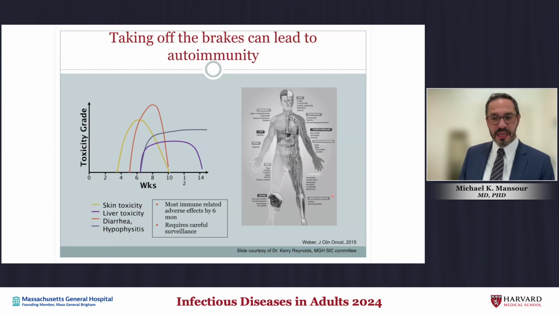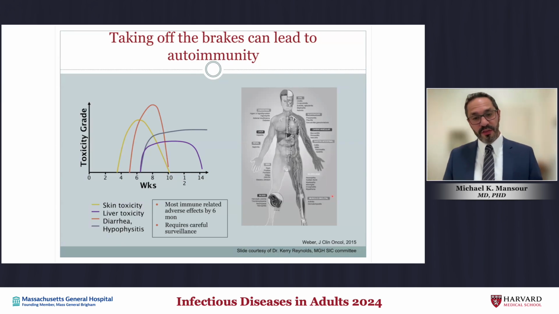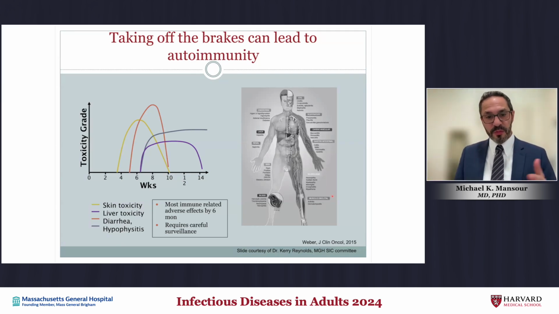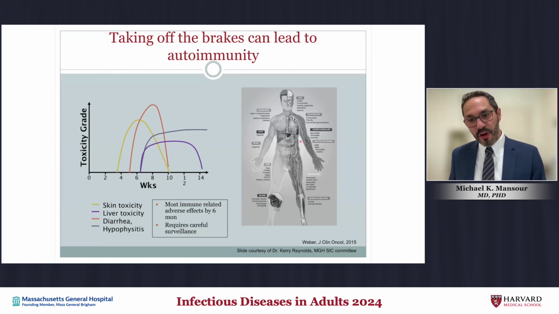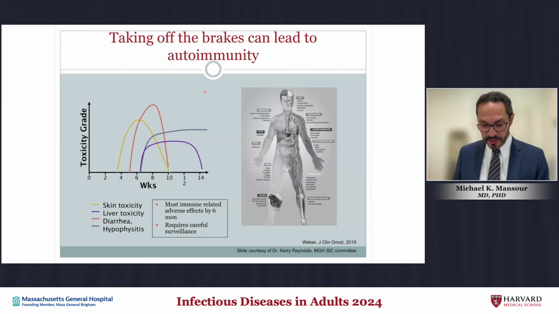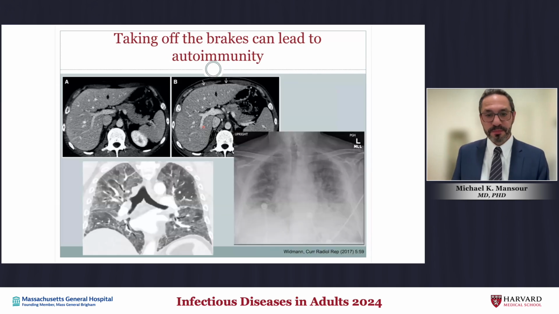And it really does take a little bit of a village of different subspecialists to monitor these patients as they present with different symptoms, to try to understand if they're suffering from an immune-related adverse event or if this is something completely distinct from their checkpoint inhibitor treatment.